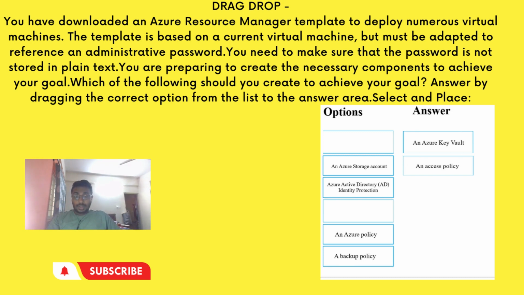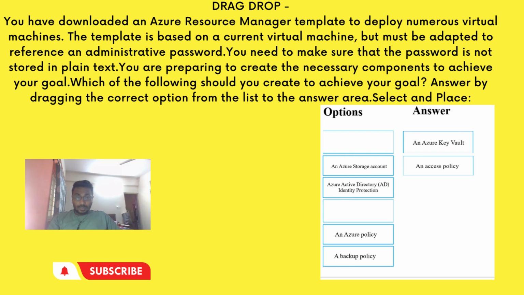The question is: you have downloaded a Resource Manager template to deploy numerous virtual machines. The template is used on a current virtual machine, but it must be adapted to reference the administrative password. You need to make sure that the password is not stored in plain text. You are preparing to create the necessary components to achieve your goal. Which of the following should you create, and the answer should be dragged to the right.